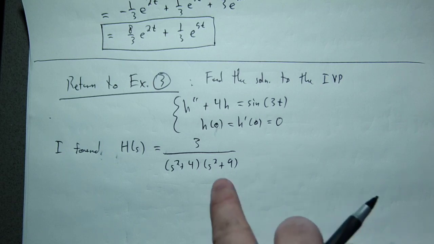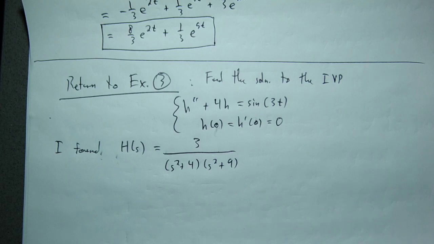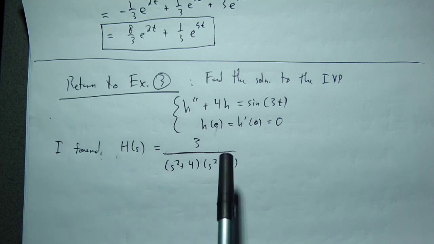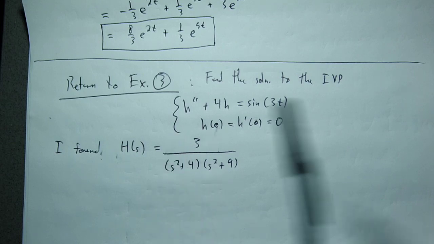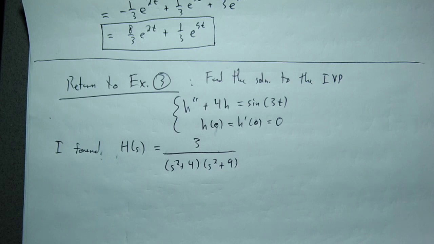And what that means is you're going to have to break it up in this way. And the only way to break apart things like that is partial fractions. So basically, if you get a Laplace transform that is not completely trivial, then you're almost always going to have to use partial fractions.